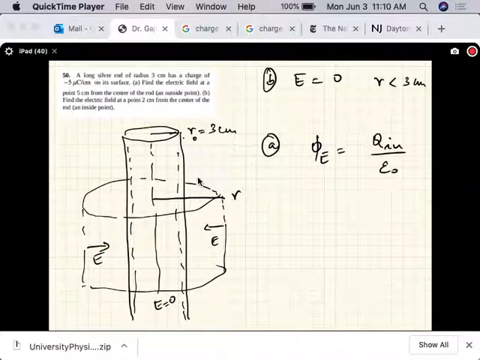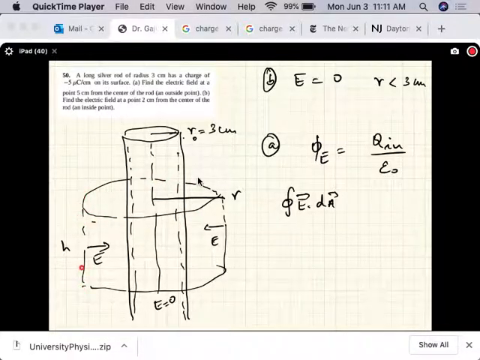Of course the flux is the integral of E dot A over this enclosed surface. Here's the top surface of the cylinder, here's the sides, here's the bottom. Only the sides contribute, and we'll say the height of the cylinder is h. So the surface area of the sides of the cylinder is 2 pi r times h.